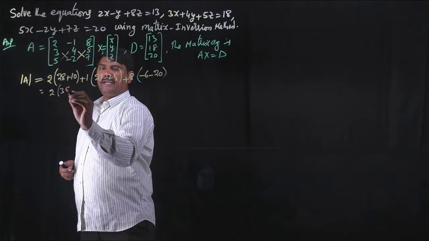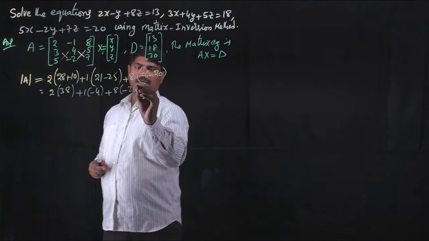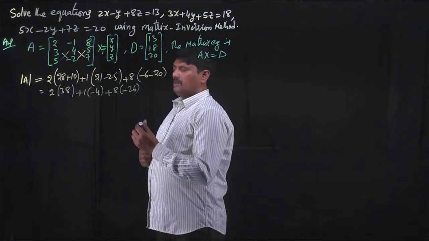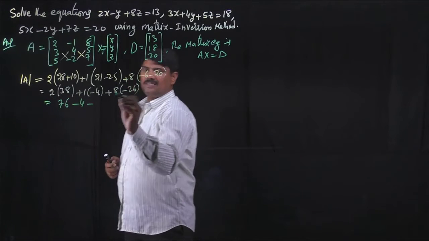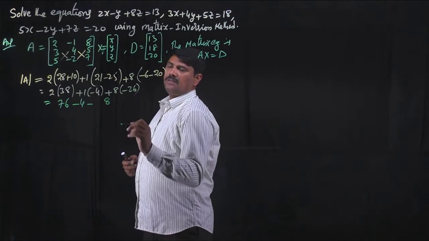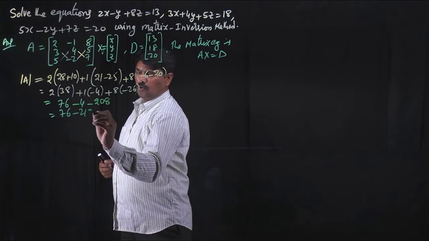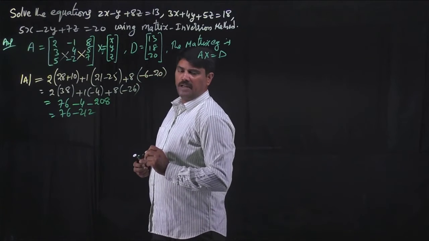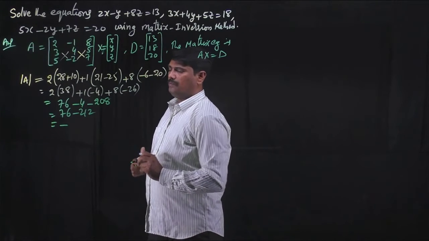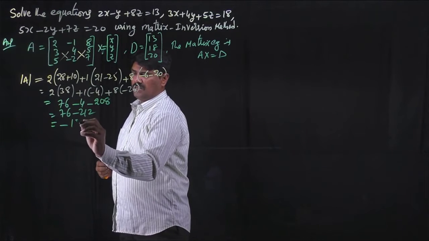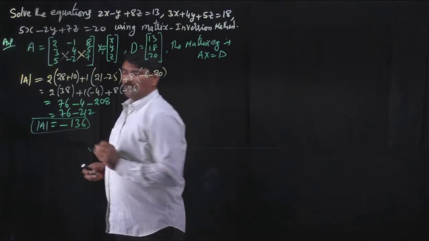2 into 38, 1 into minus 4, plus 8 into minus 26. 2 into 38 is 76, minus 4, minus 208. 76 minus 4 minus 208 becomes minus 136. So minus 136 is the value of det A, which is not equal to 0.